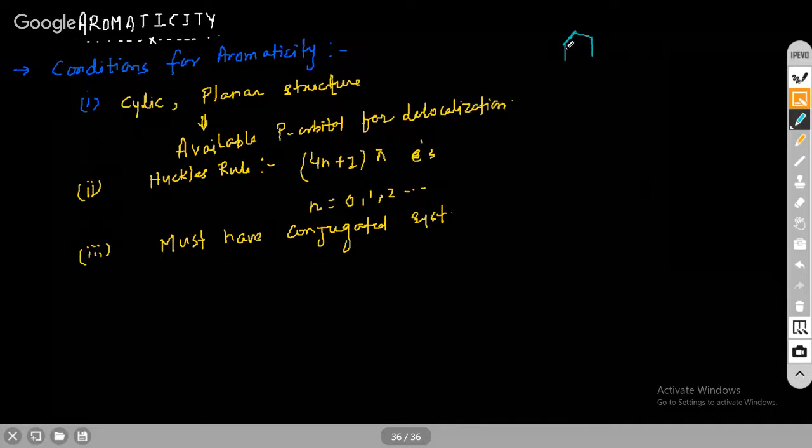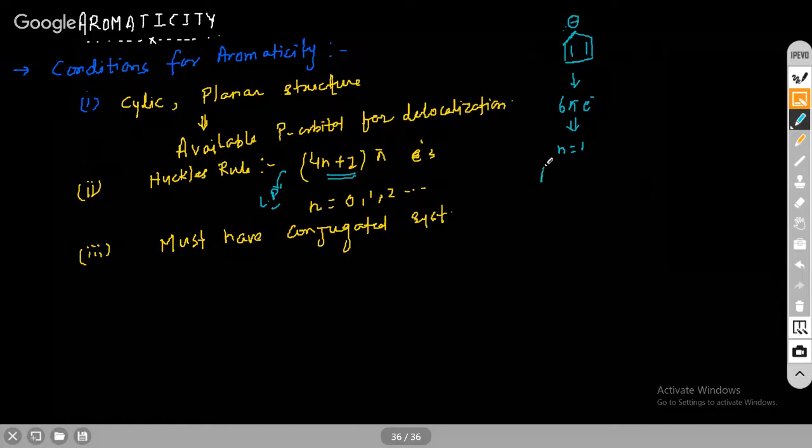This one we have already discussed just now, and negative charge here. The negative charge and lone pair will count in pi electrons. While calculating the pi electrons, we will count the lone pair also. Okay, that you must take care of. So how many pi electrons do we have here? 2, 4 and 6. So 6 pi electrons, and 6 pi electrons follow Huckel's rule when n is equal to 1.